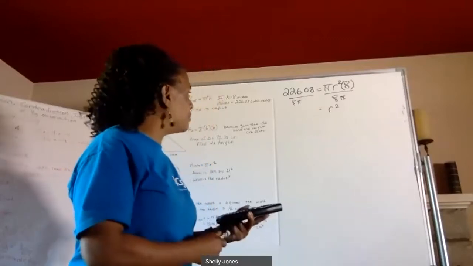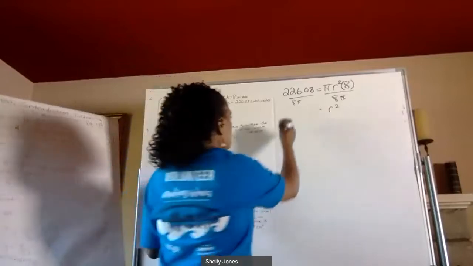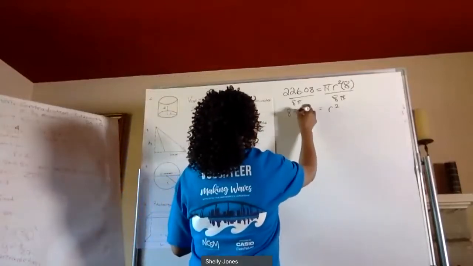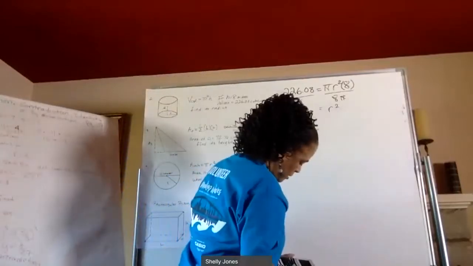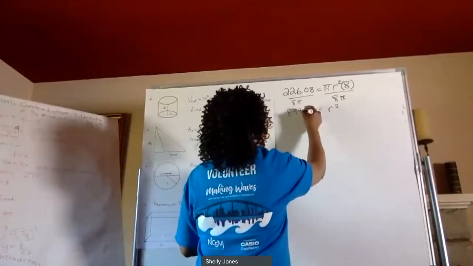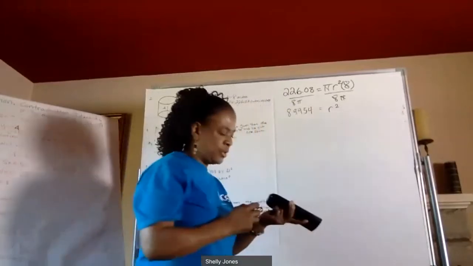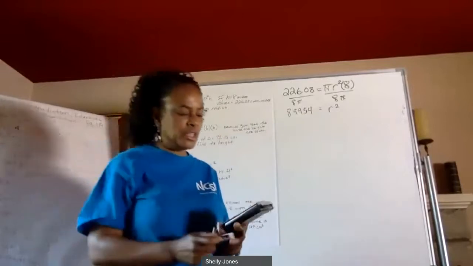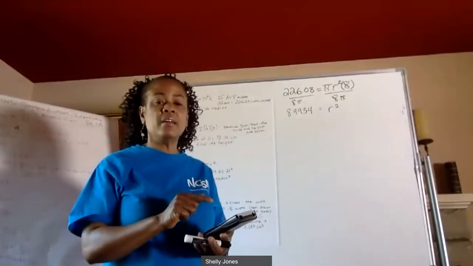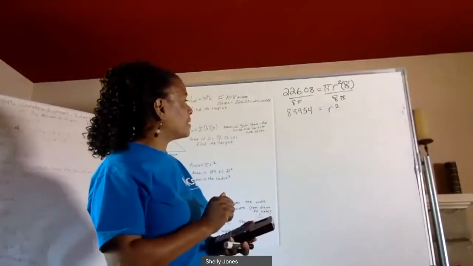That's telling me this part over here is 8.99, a whole lot of numbers, 54. That's close enough. I really should just leave that in and then take the square root of that.